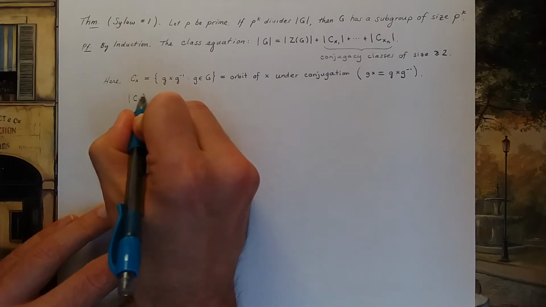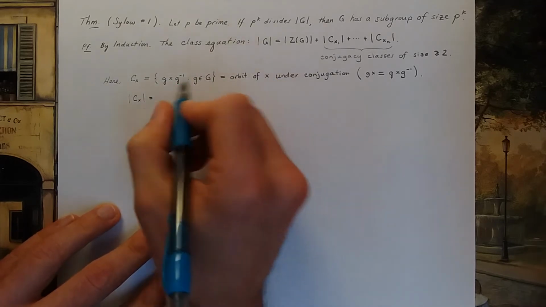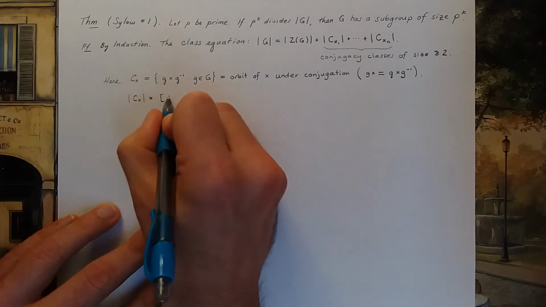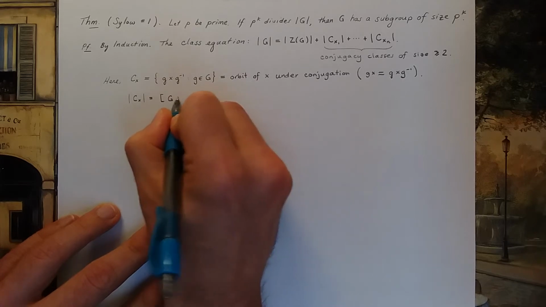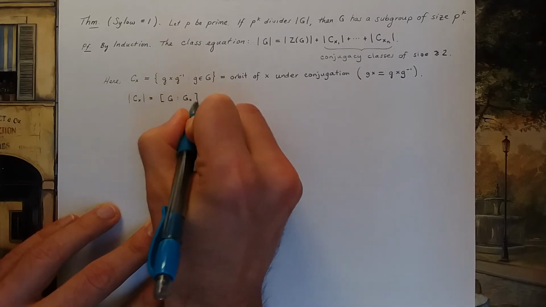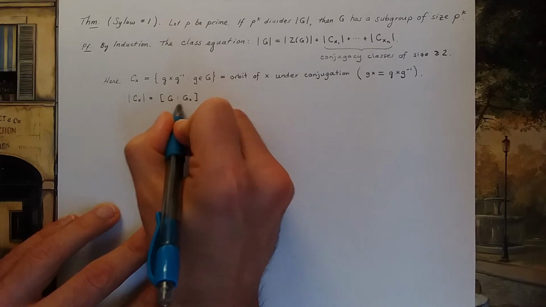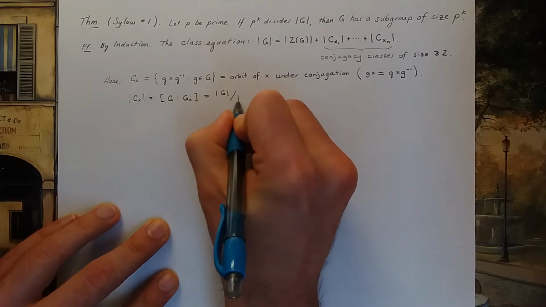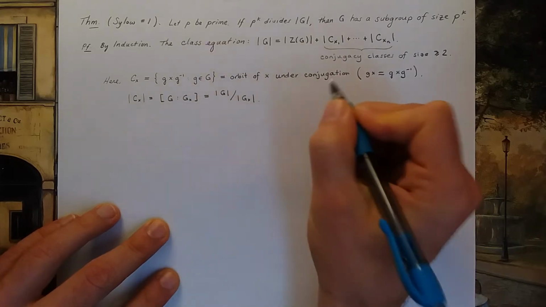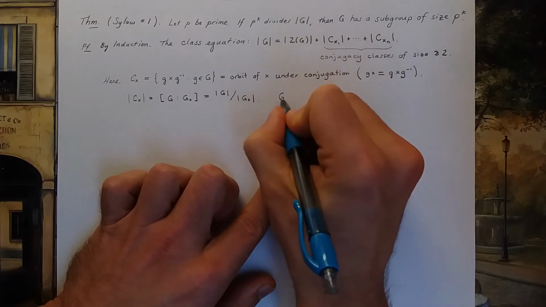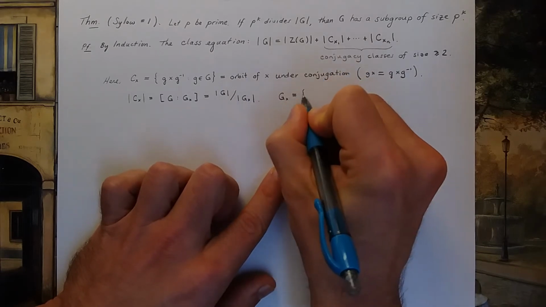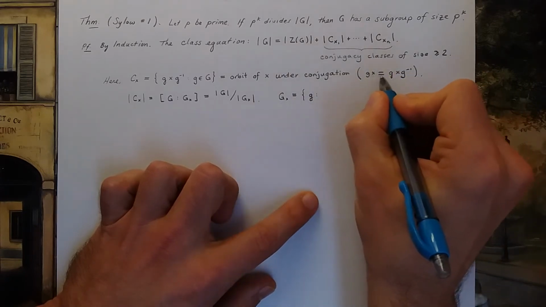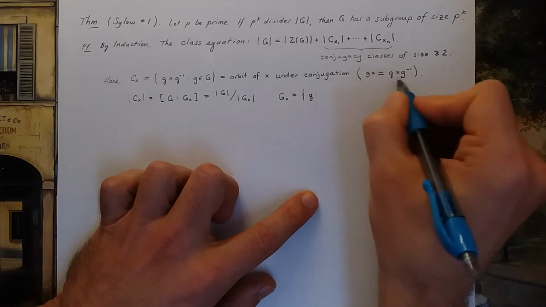Because it's an orbit, we can use the orbit stabilizer theorem. That says the size of the conjugacy class is the number of left cosets of the stabilizer subgroup in G. This is the size of G divided by the size of G_x. This G_x, to remind you, the stabilizer subgroup, is the set of group elements that do not change x under this group action.